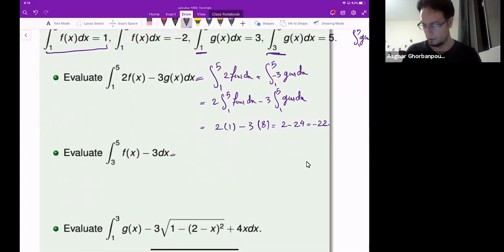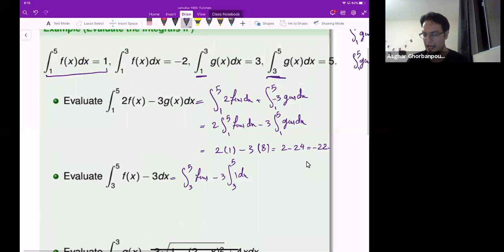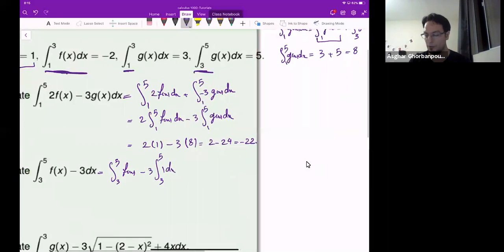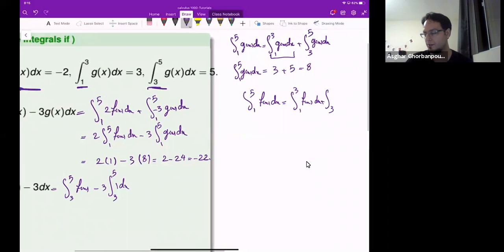How about this other one? Okay, I have integral 3 to 5 of f of x minus, okay, I'm applying the additivity or linearity all at once. Integral of f is given from 1 to 5, from 1 to 3, and now here I am looking for 3 to 5. I will do the same thing. So integral of function f from 1 to 5 is equal to integral of the same function from 1 to 3 plus integral of the same function from 3 to 5.